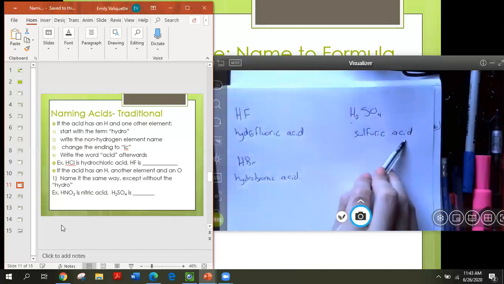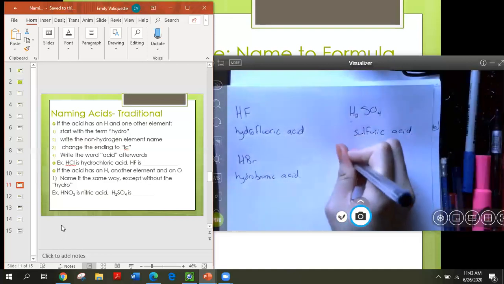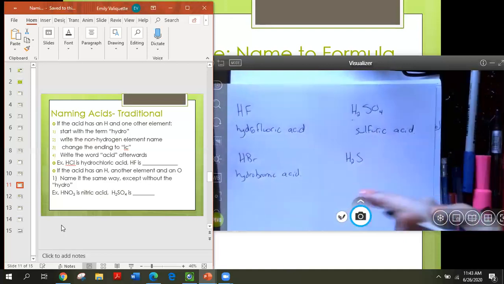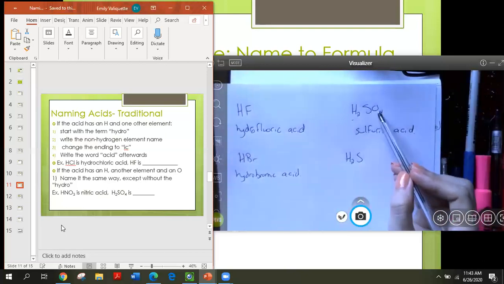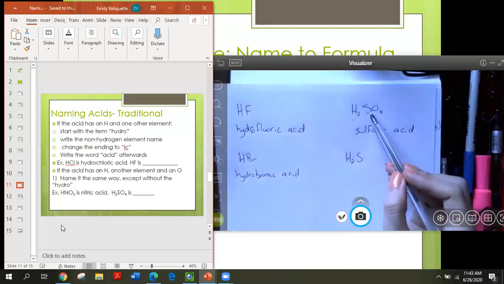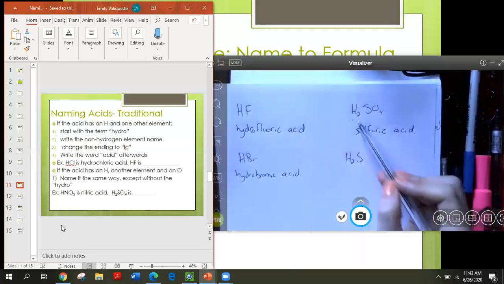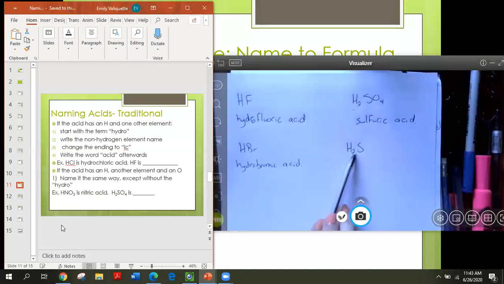So if you compare H2SO4 and H2S, because this is polyatomic, meaning that there's more than one atom here bonded to the hydrogen, we don't write the hydro. This one is not polyatomic.